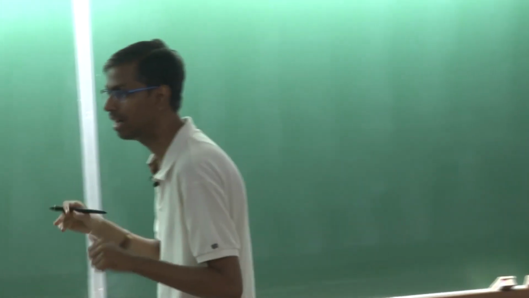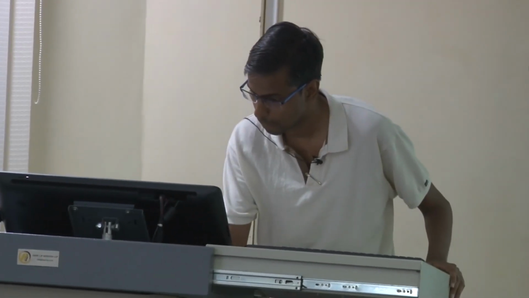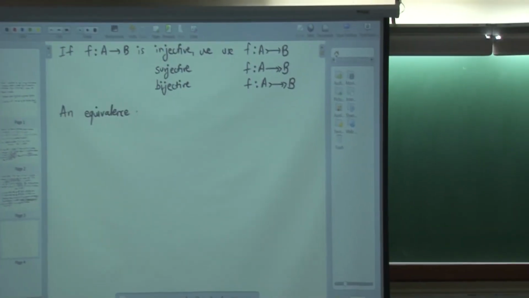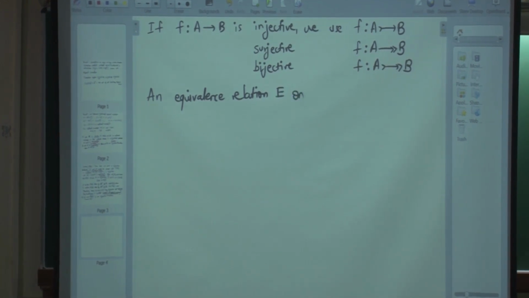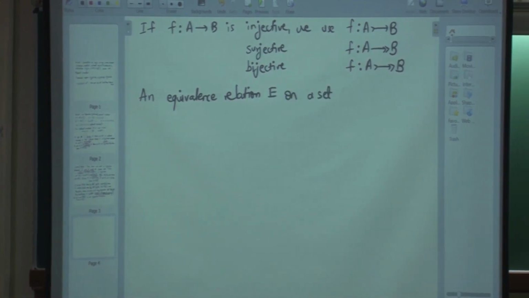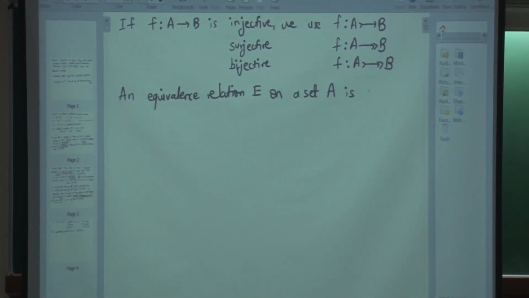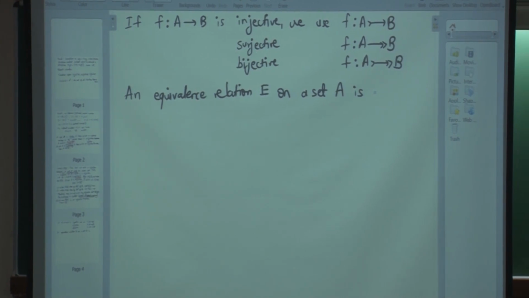So let us be more formal. An equivalence relation E on a set A is, I mean, you said three words, right?